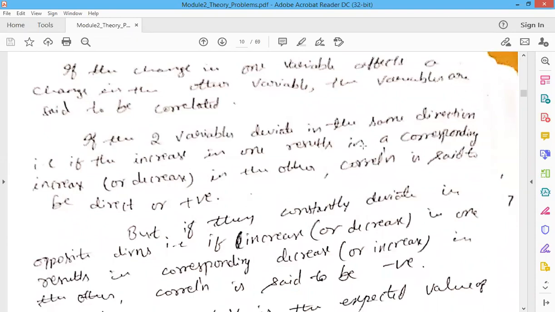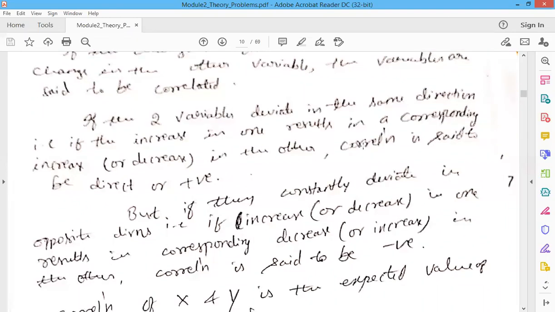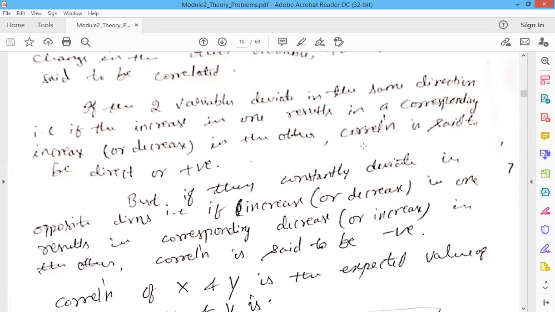Suppose the two variables deviate in the same direction. It means that if the value of one variable increases, it results in a corresponding increase in the other variable also. In that case we can say that the correlation is direct, or it is a positive correlation.